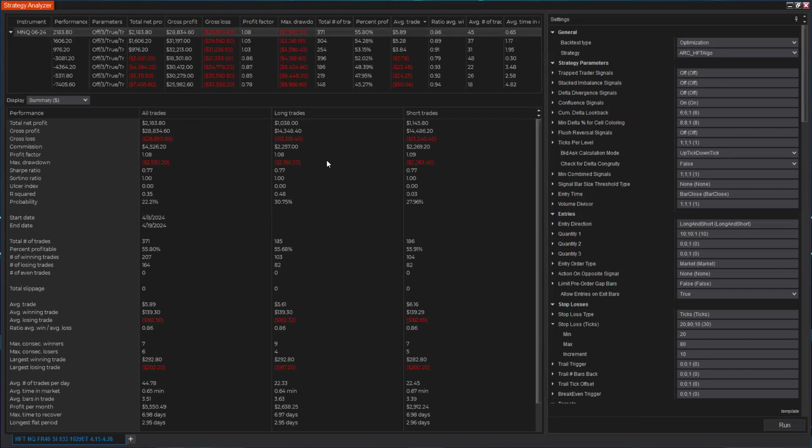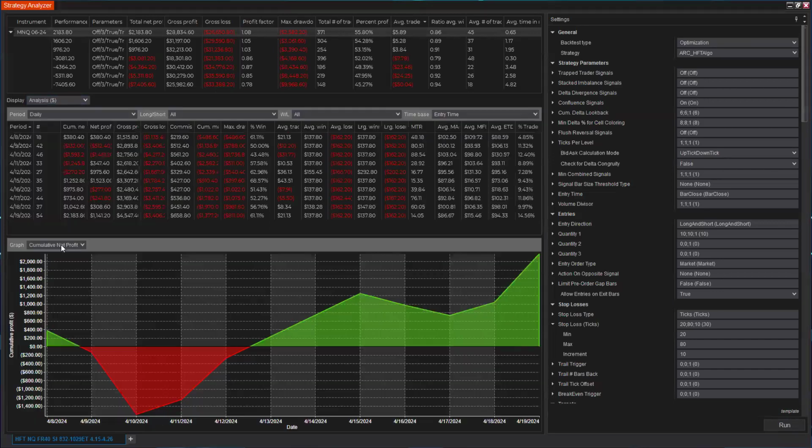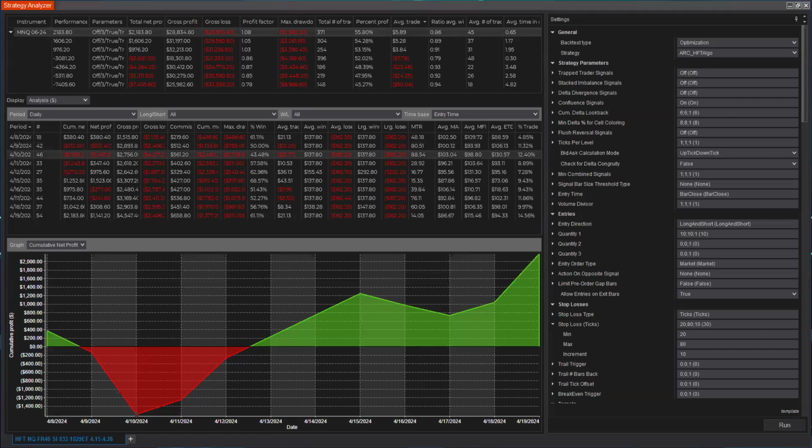MNQ has more ticks than NQ, and it takes longer to process those optimizations. So you may not be able to use the exact same settings for MNQ as you do for NQ, but at least it gives you a starting point for doing your own optimizations. Those are some of the things that determine how long optimizations take.